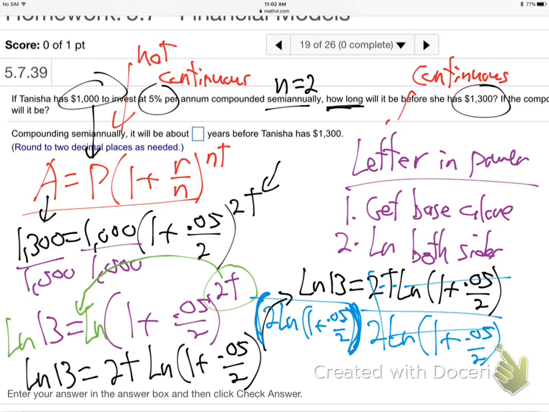For 13, I get 1.3, for the 1,300 divided by 1,000. I get 1.3. That's a long time. 1.3, not 13. Yeah, that doesn't seem right, does it? Oh, you're right, it's 1.3, not 13.